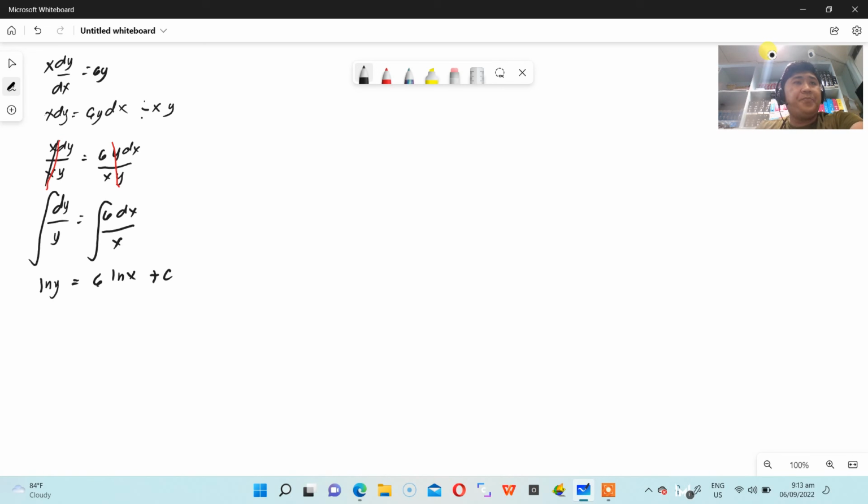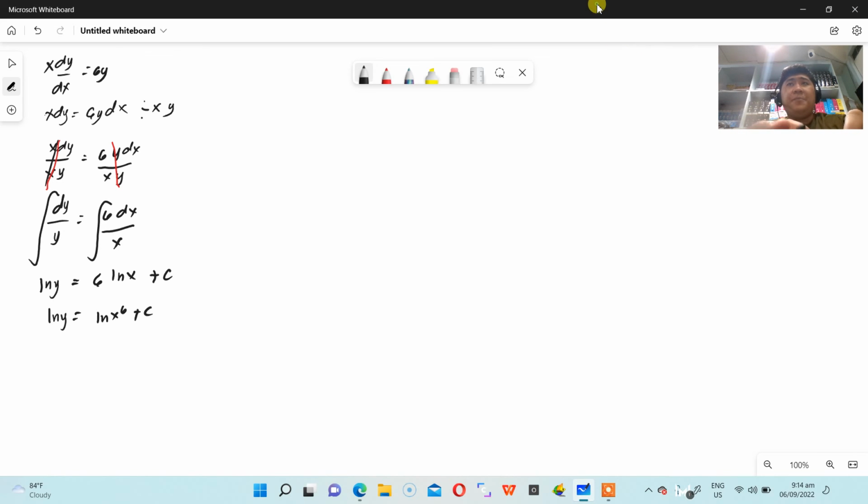So from here, you could have ln y equals ln x raised to the power of 6 plus c. You could combine this one, or you could have it like this.